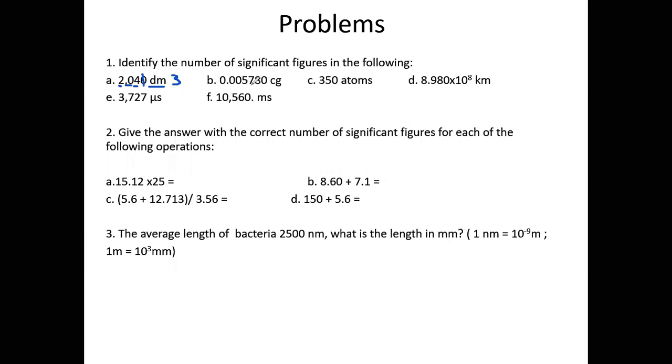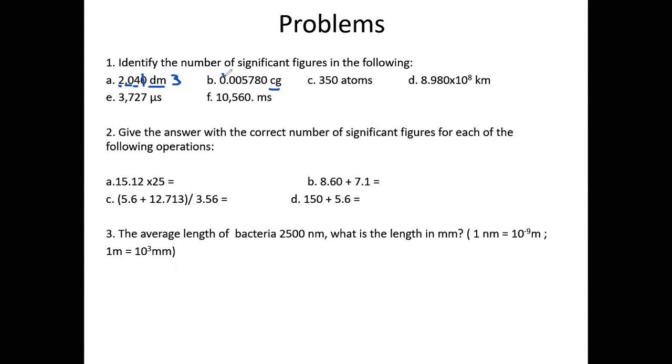Next, we move on to the next number, and we see we have 0.005780 centigrams. Again, centigram is a unit that you can measure. So to measure grams or centigrams, you have to use a measuring device. And so we want to determine the number of significant figures.